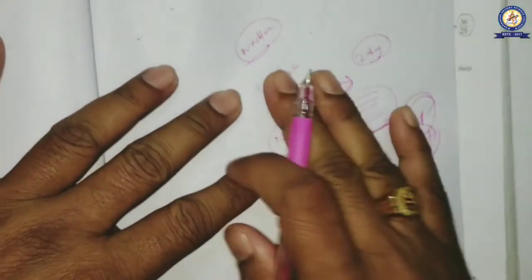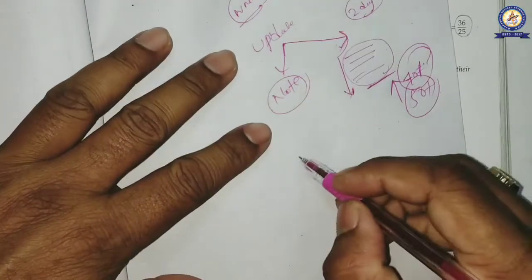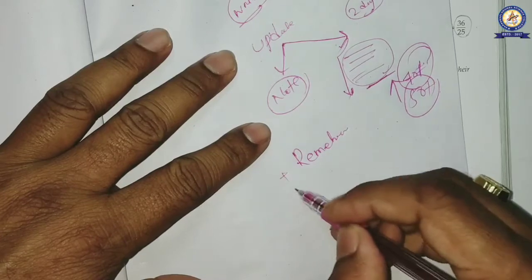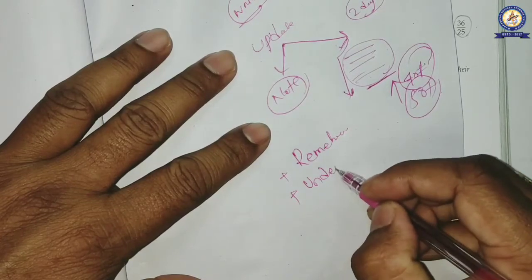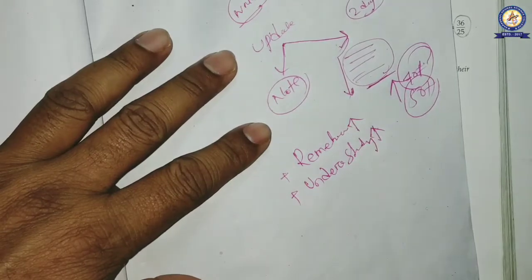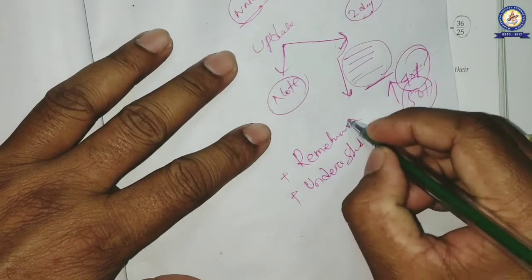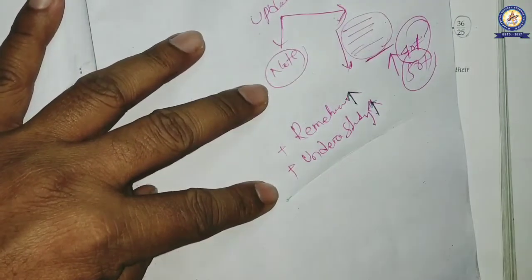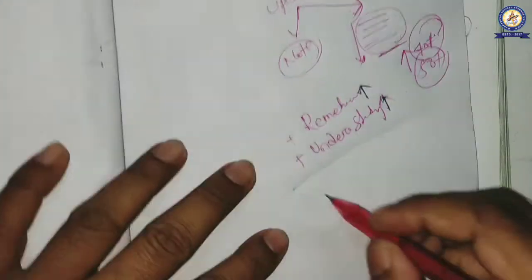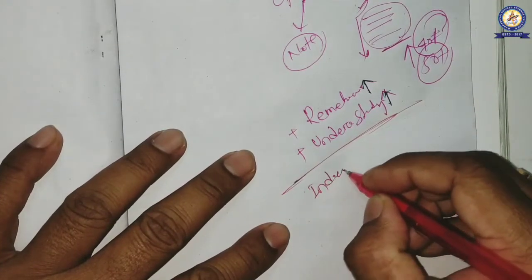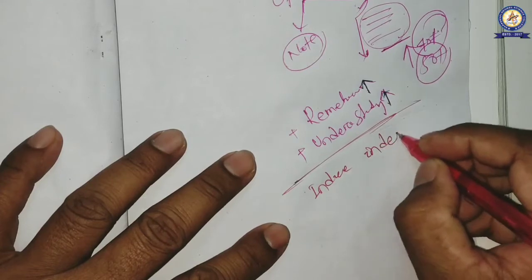So one point is your remembrance, and the other point is your understanding will also be enhanced. Remembrance will also be enhanced, and another thing will automatically be induced in your mind, that is different ideas, new ideas.